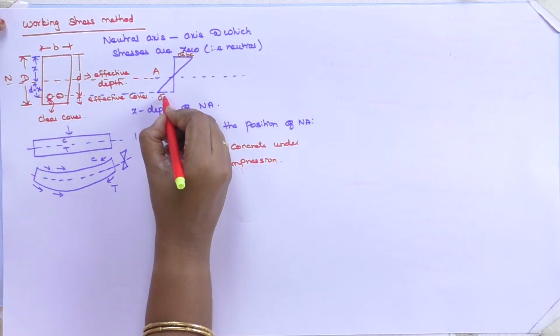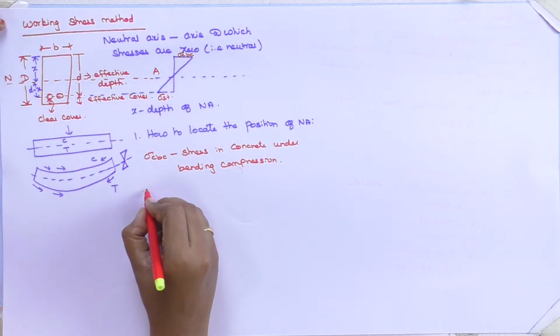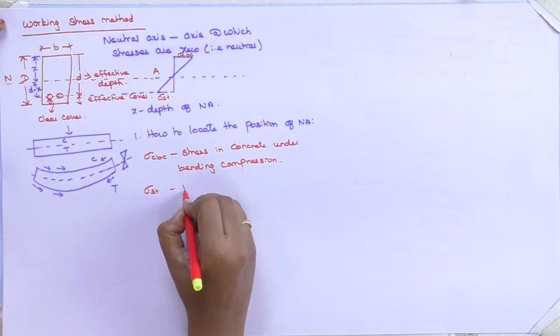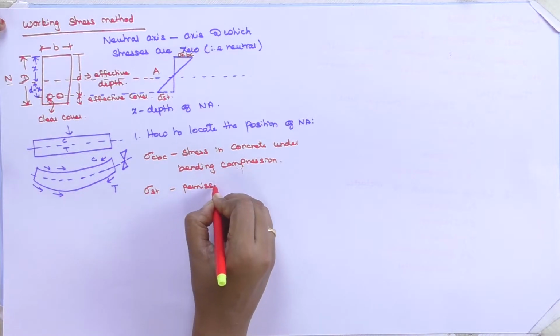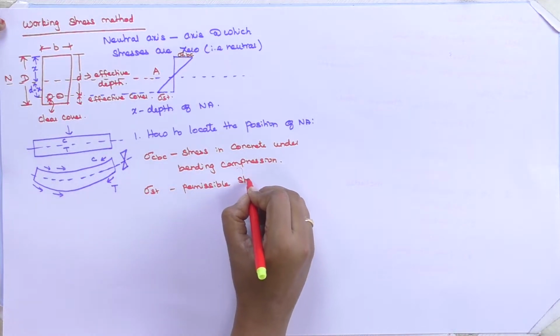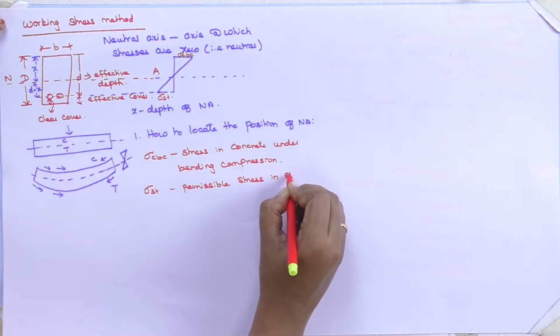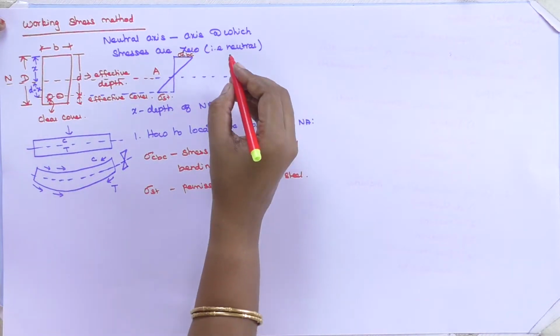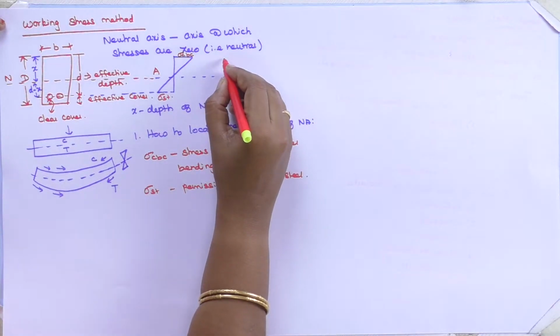This line, sigma ST, permissible stress in steel. Now I can draw the diagram like this.